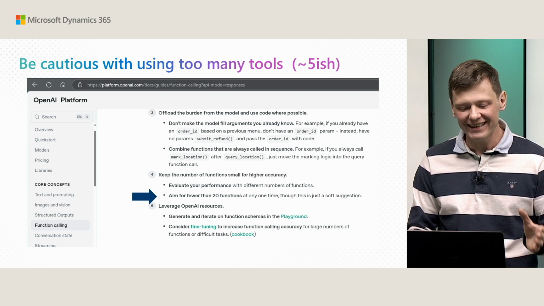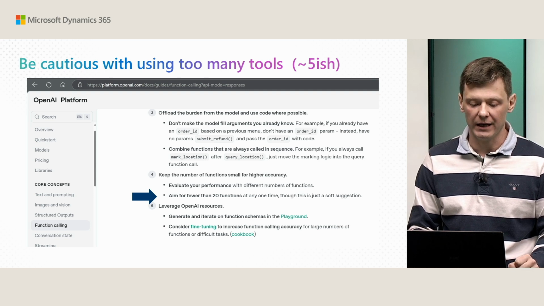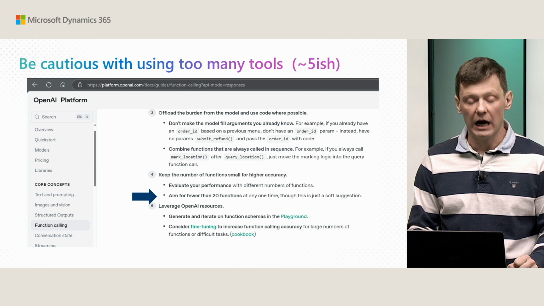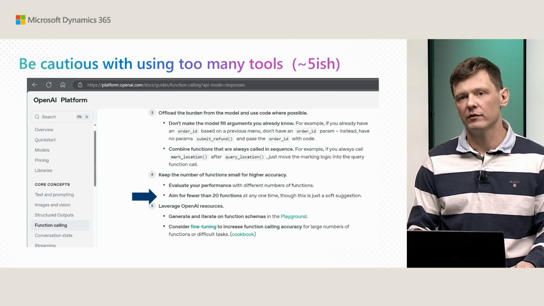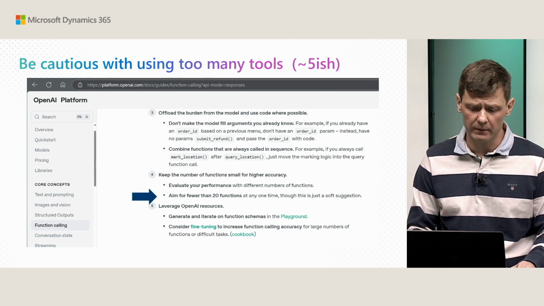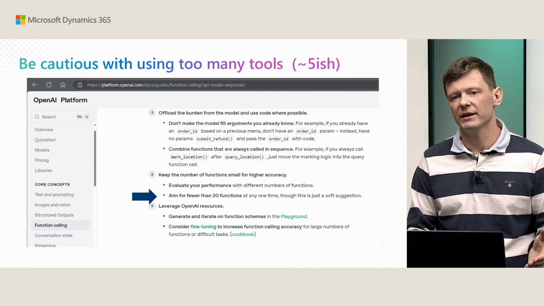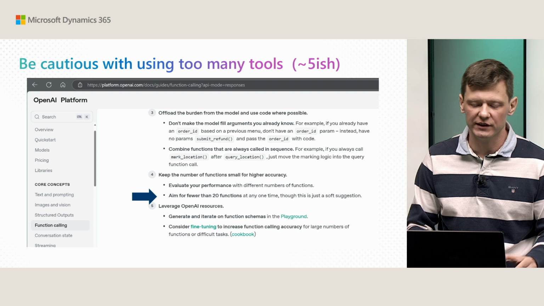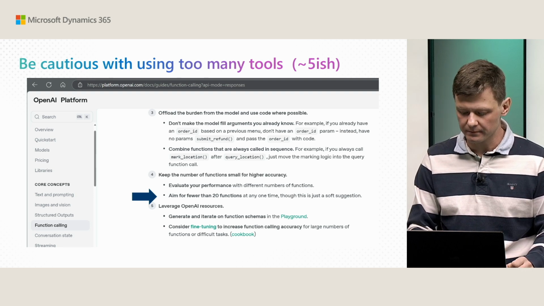But please use fewer than 20 functions to make sure you have good accuracy. From our experimentation, or if you look at Microsoft features, we use around five-ish, and we see pretty good results. So we would suggest you stay around five-ish, but obviously as the technology improves, as large language models improve, probably that number will grow over time.